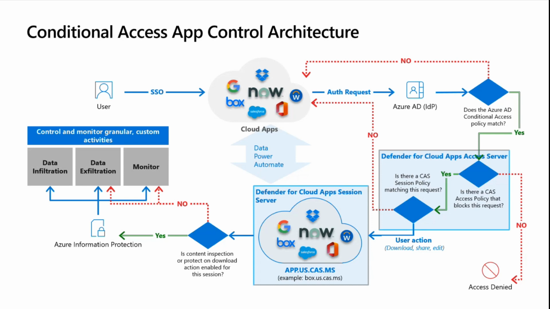So with these access and session policies, you can apply a lot of controls. You can prevent data exfiltration, you can block the download, you can prevent cut, copy, or print of sensitive documents on unauthorized devices, right? You can force use of multi-factor authentication if necessary. You can monitor user sessions for compliance. You can obviously block access to that application.